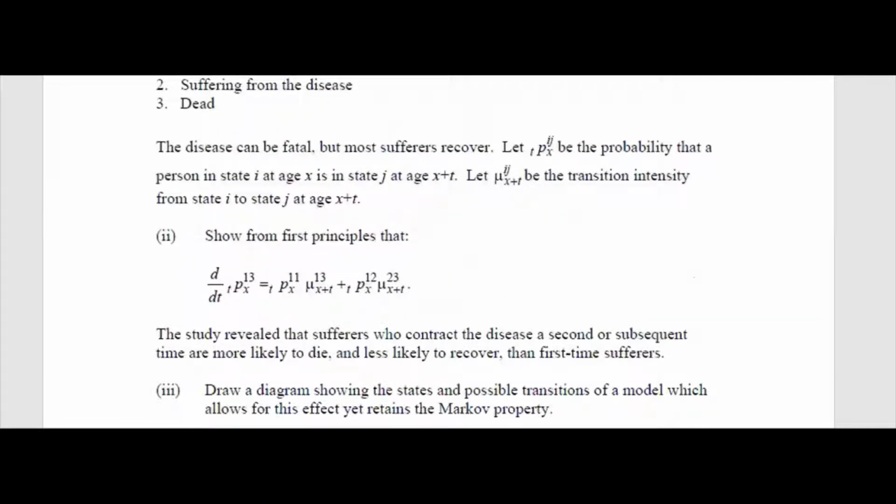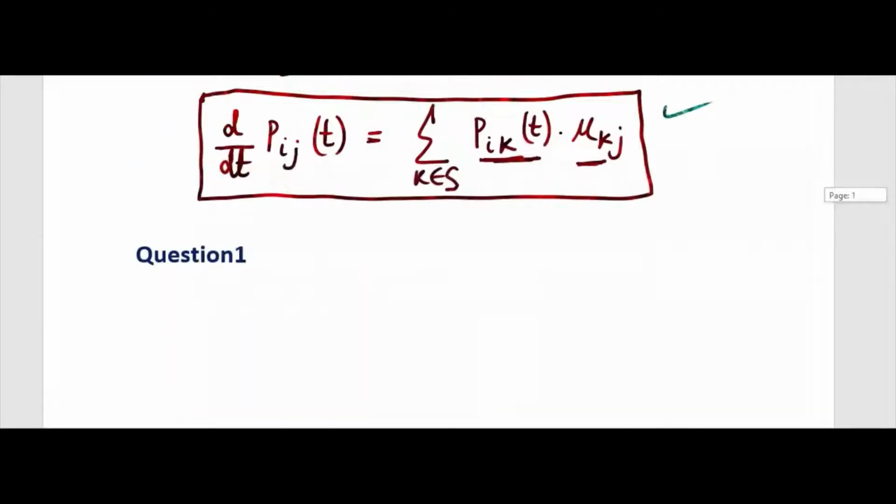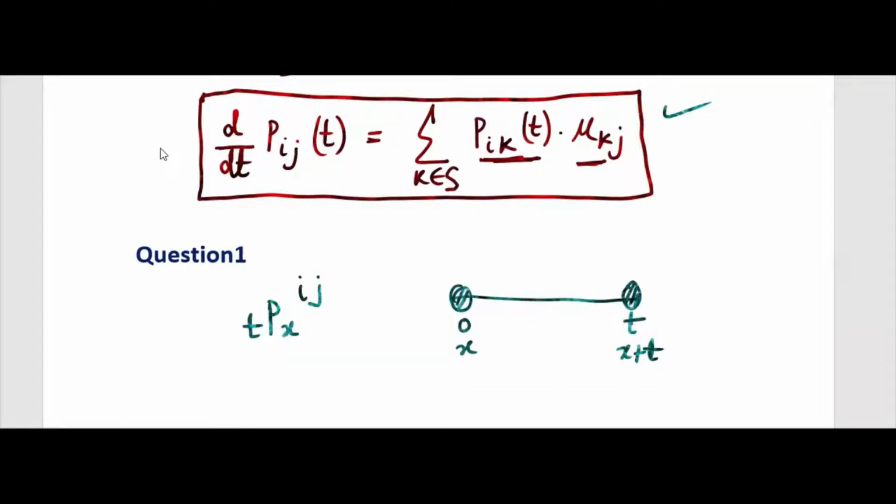Here age is x to t and the states are 1 to 3. So if you write it that way, it would look like this. Time is from 0 to t and age is from x to x plus t. The time duration is required because we are discussing a time homogeneous Markov process.